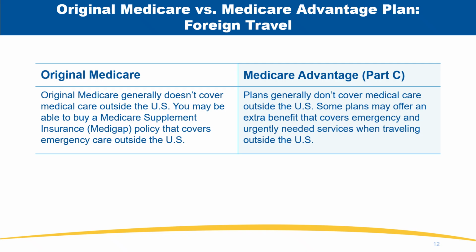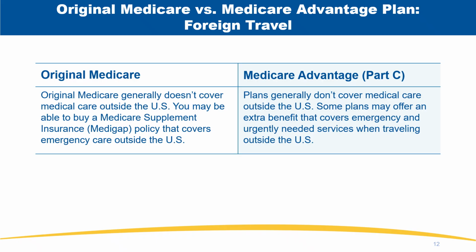And the same with Part C. Plans generally don't cover medical care outside of the U.S., but some plans may offer the benefit. You would have to make sure that it includes the benefit before you enroll. But overall, Medicare itself does not cover care outside of the U.S. You would have to have either a Medigap policy or a Part C plan that includes the benefit.